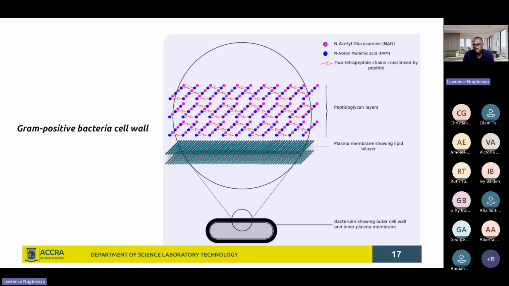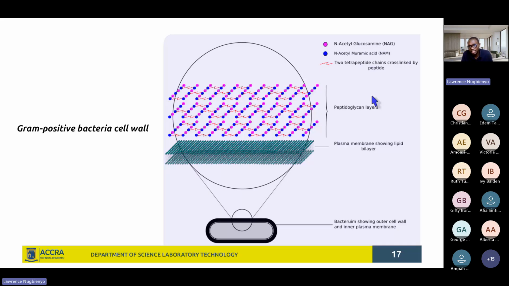You also have what is referred to as some peptide linkages, which are shown here between the polysaccharides, which is what makes the whole structure a peptidoglycan. The glycan is the carbohydrate part, but the cross-link between them is made up of peptides.